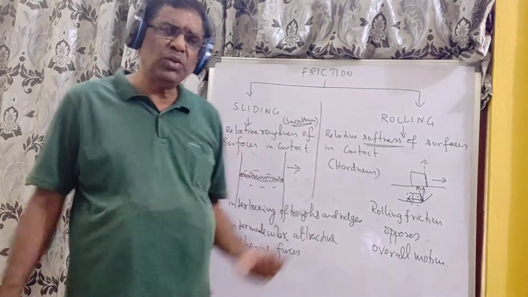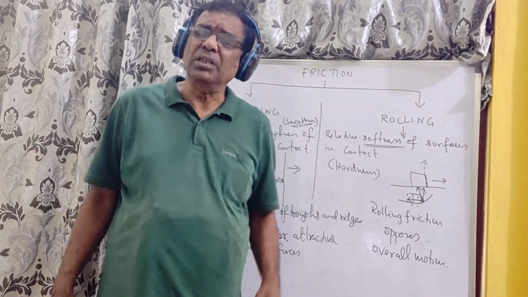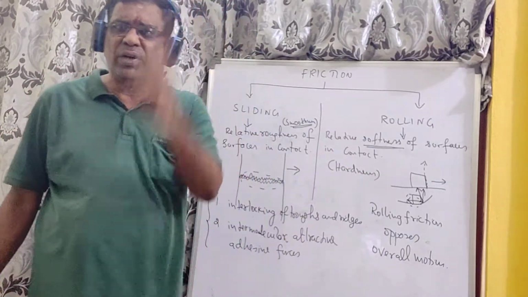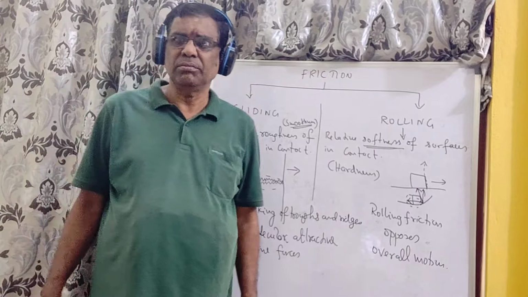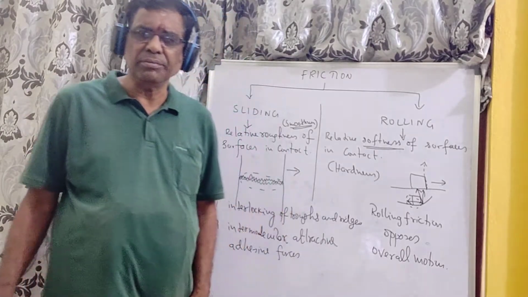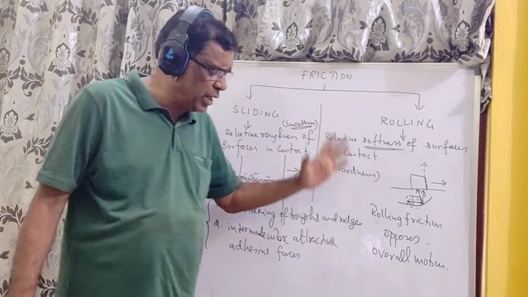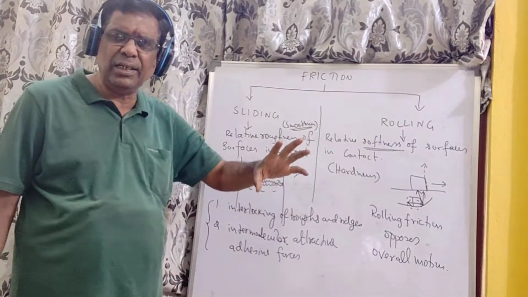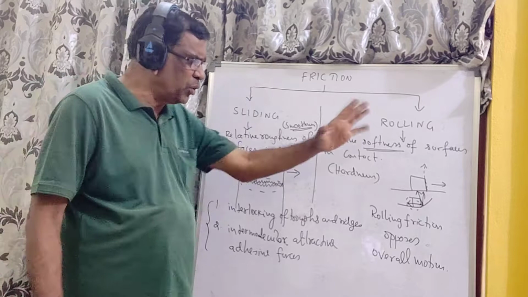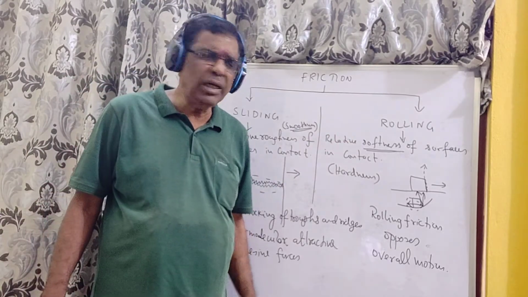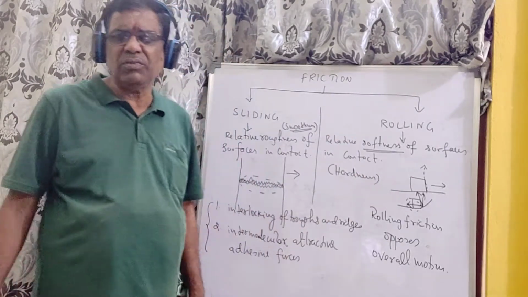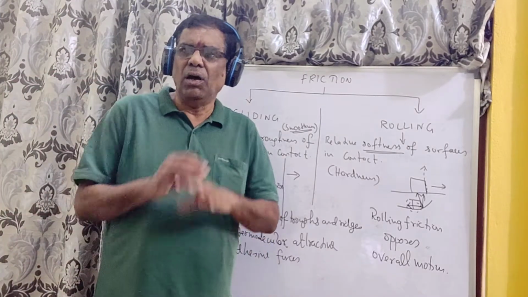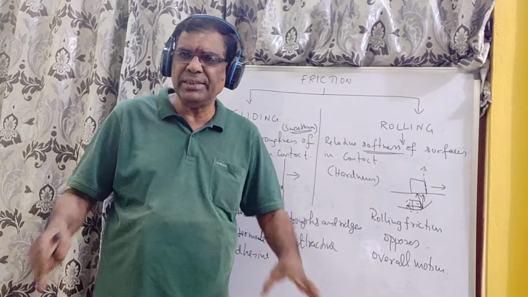Due to roughness you have some opposing force. Therefore, both types of friction are always present. That's one very, very important point. Before I discuss anything technically, some misnomers you have to remove. It is never confined to rolling friction, nor is it confined to sliding friction. Both are always present in nature.